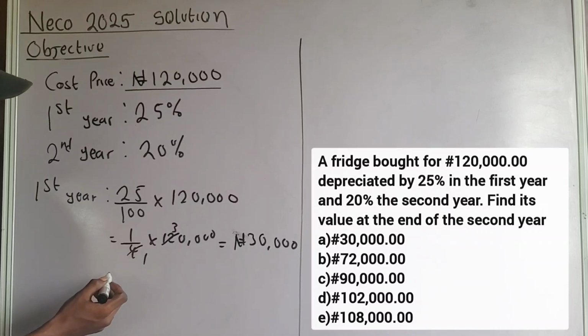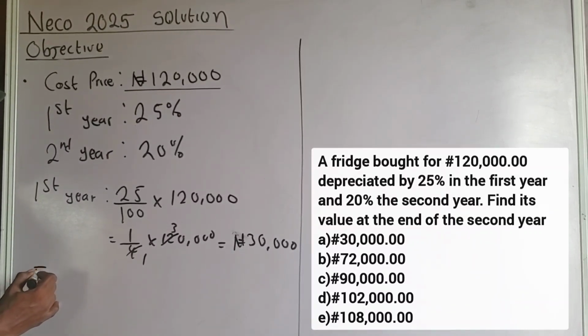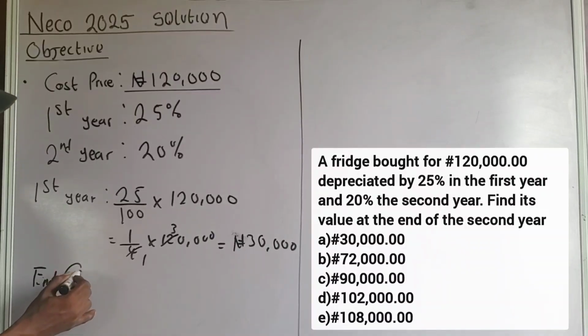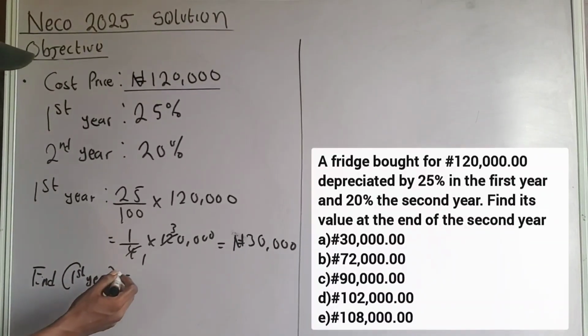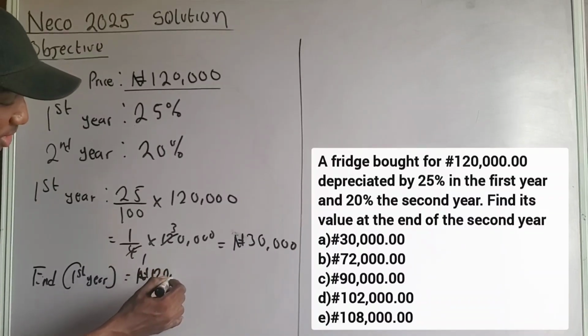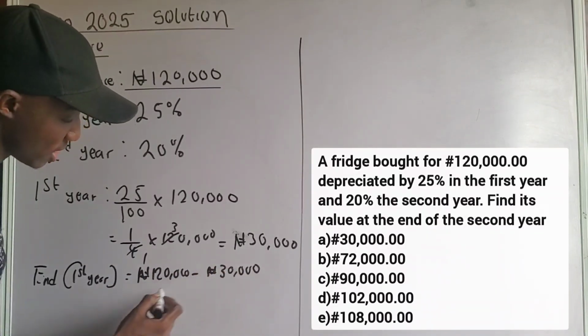So that means that at the end of the first year, the price of the fridge will be 120,000 naira minus 30,000 naira. Do you understand?